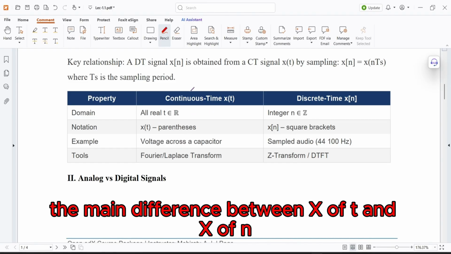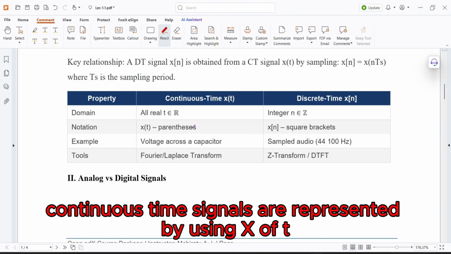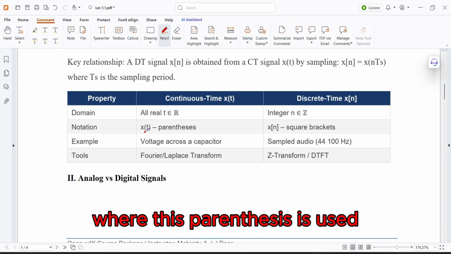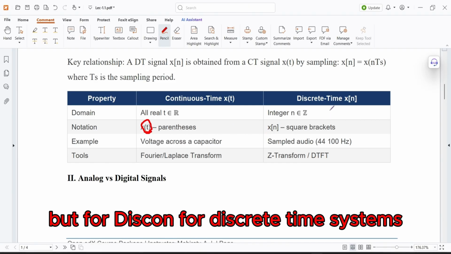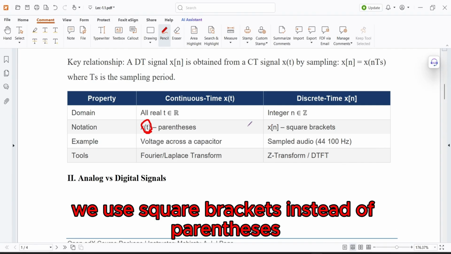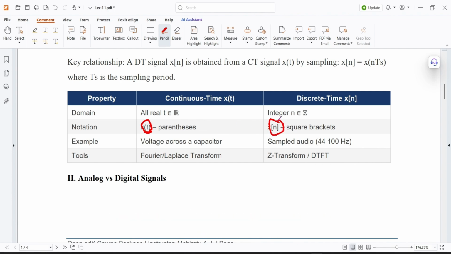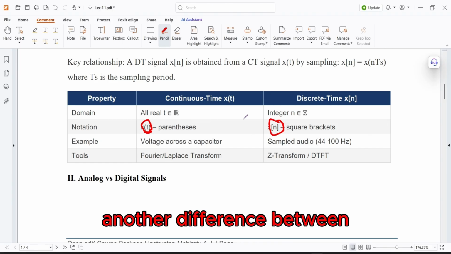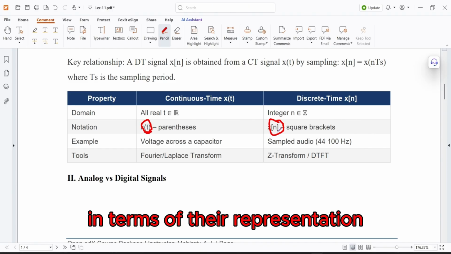The main difference between x of t and x of n is that continuous time signals are represented using parentheses, but for discrete time signals, we use square brackets instead of parentheses. So this is another difference between continuous time and discrete time signals in terms of their representation.